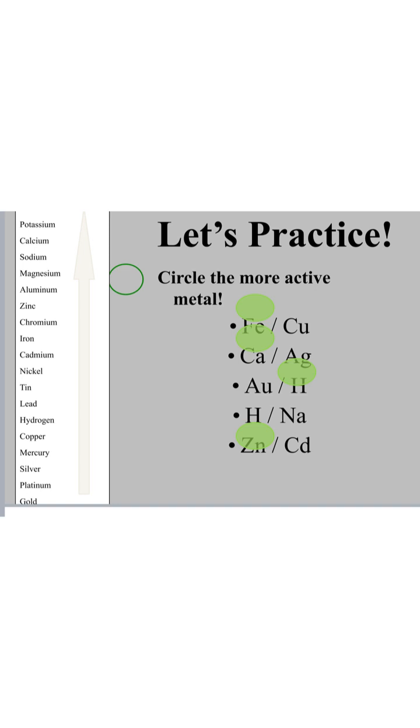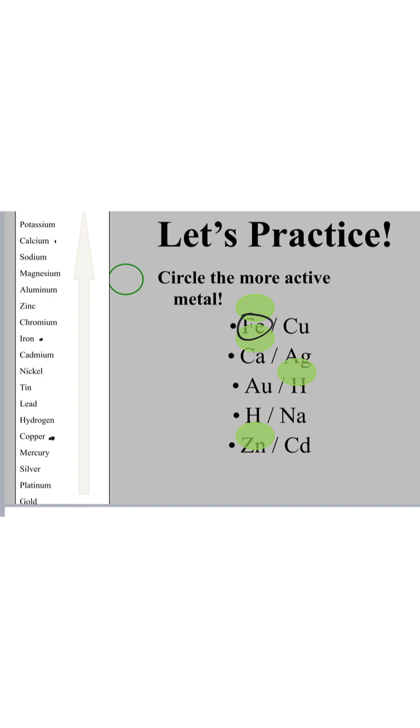All right, so let's practice. Looking at your activity series, you're going to decide what is more active between the two pairs. So iron or copper. If you look, copper is here, and then iron is here. So which one's higher? Iron. Okay. Calcium or silver.